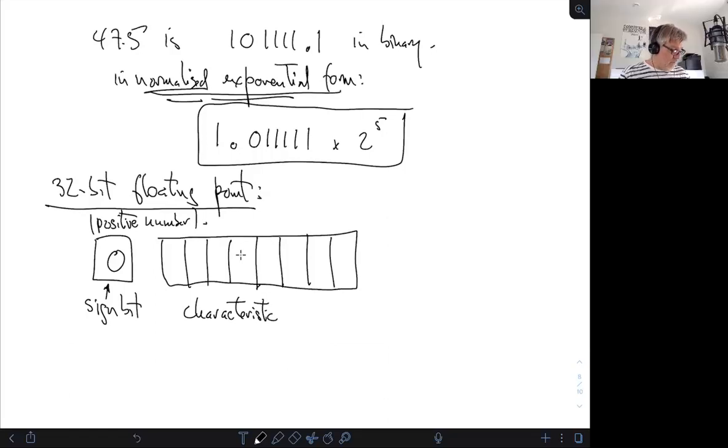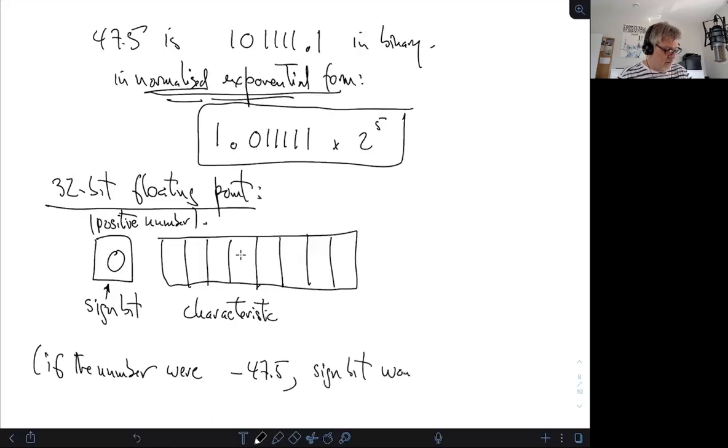So the sign bit will be 1 if you have a negative. So if the number were minus 47.5, the sign bit would be 1. Okay, so negative sign bit is 1.